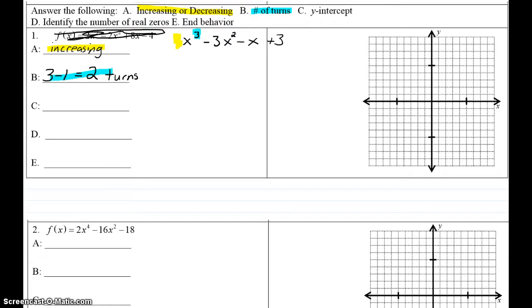Now we're going to look at the y-intercept. And the y-intercept is determined by the constant at the end. And that's a 3, so we're going to be able to graph that. So our y-intercept is 3. This is the first point that we can actually put on our graph. Let's change color.